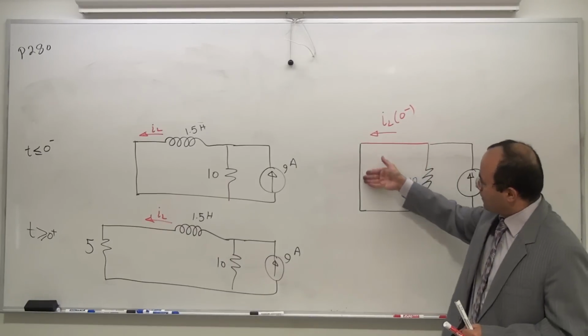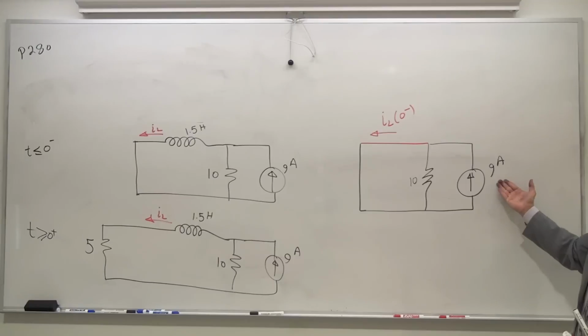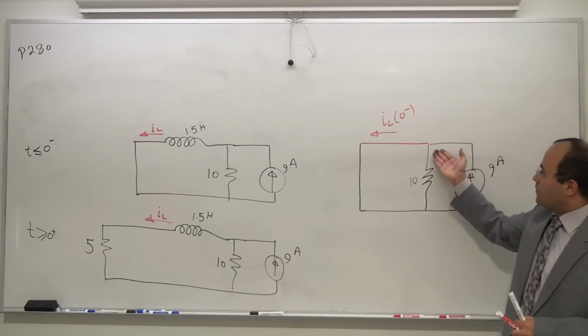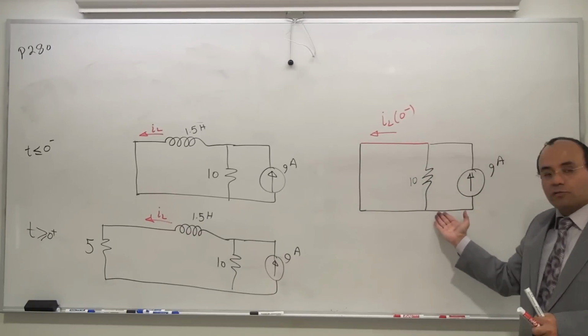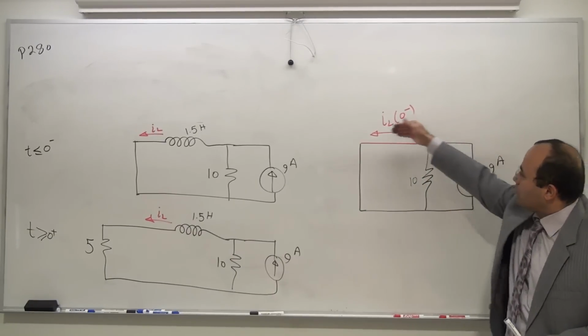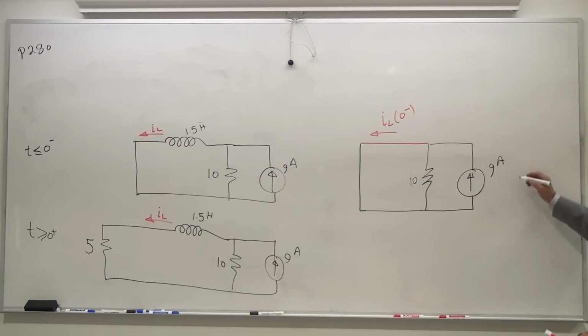Once again, we are facing a short line and a 10 ohm. Well, you have a 9 amp. 9 people are coming in. They see resistance in front of them, and they see no resistance to get to the same destination. Obviously, all the 9 goes through that loop, the least resistance path. So IL of 0 minus is a no-brainer.